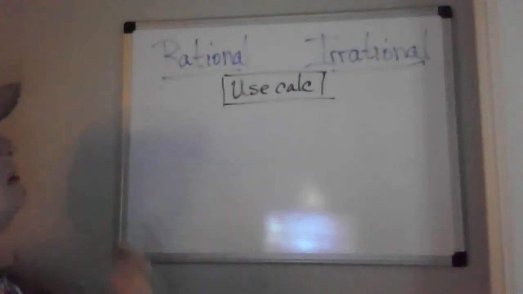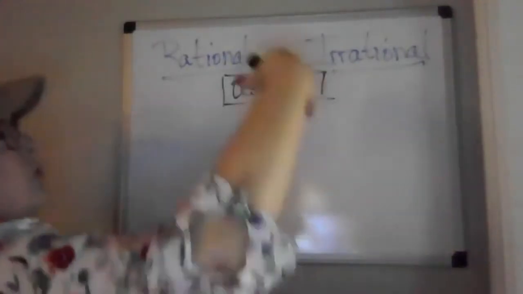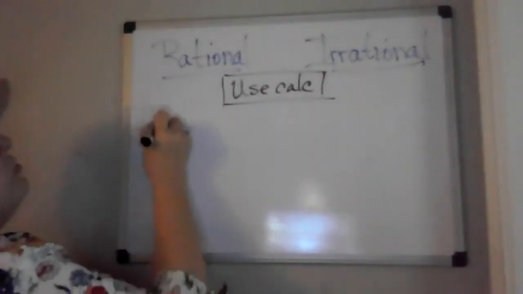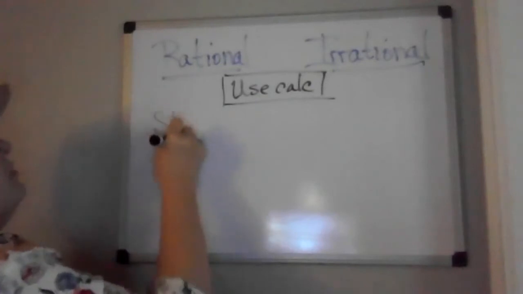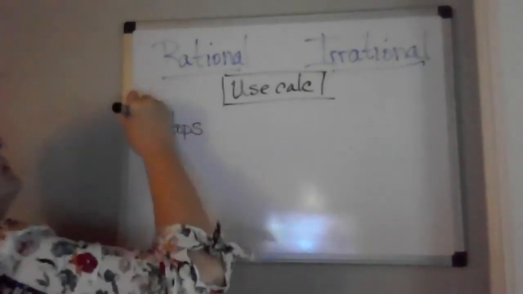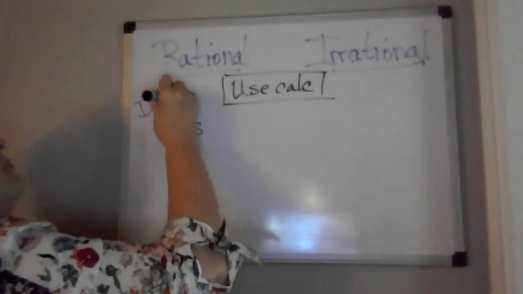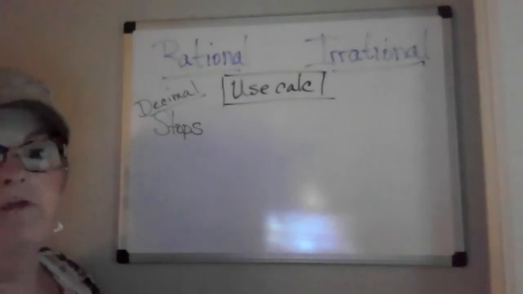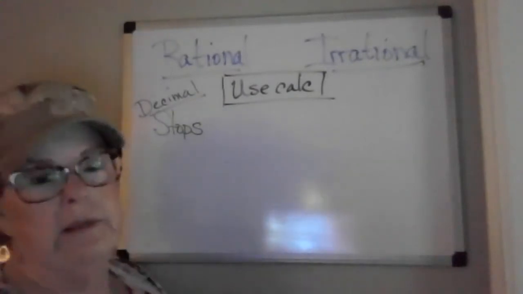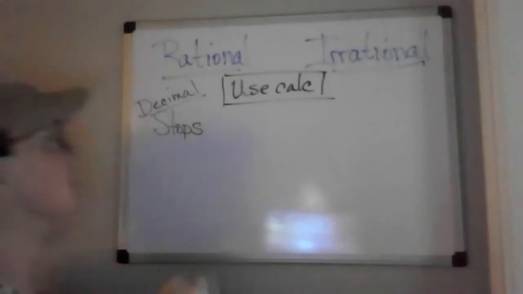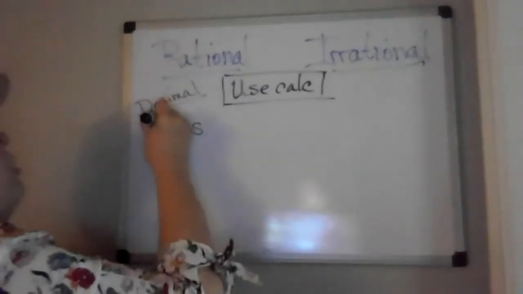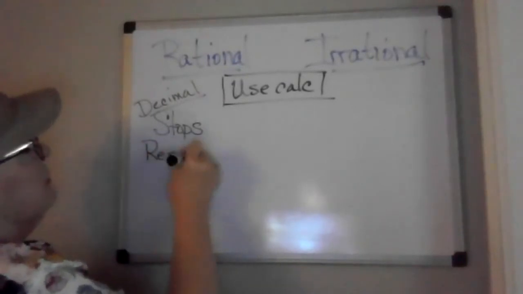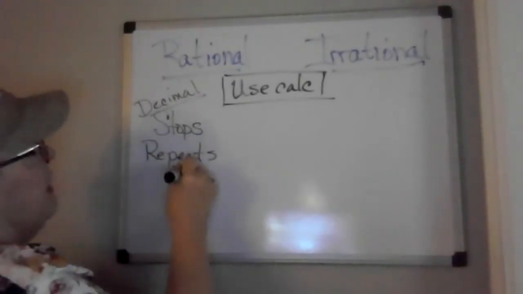Now, when you put your number into the calculator, the decimal that you get will either stop, like 3.5 or 2.13, and that's it. Then it's rational, or if it repeats in a pattern.